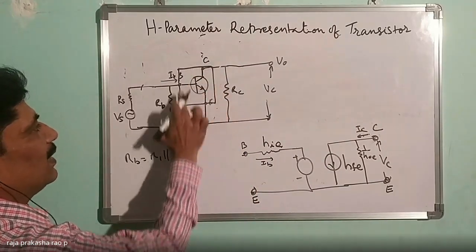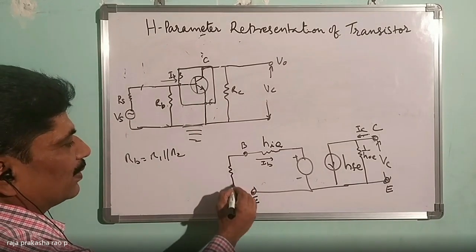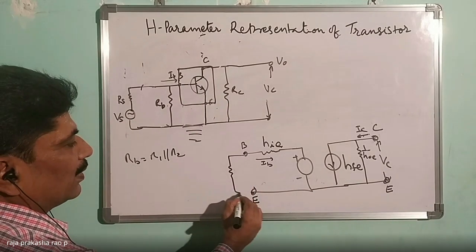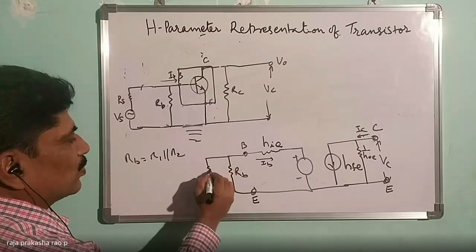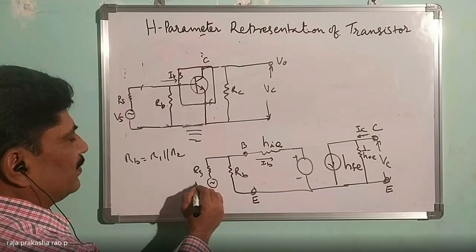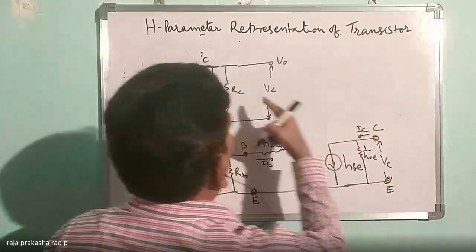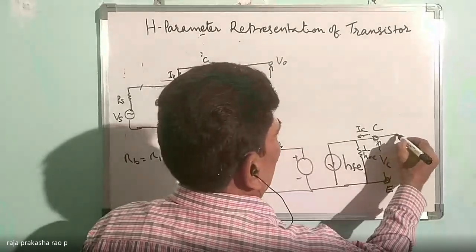Still, here only the transistor part is there. Then let us connect RB, and this source resistance RS and this VS signal. And at the output, RC will come.